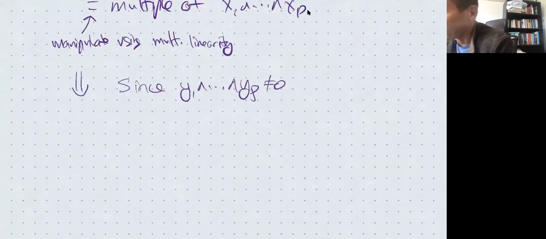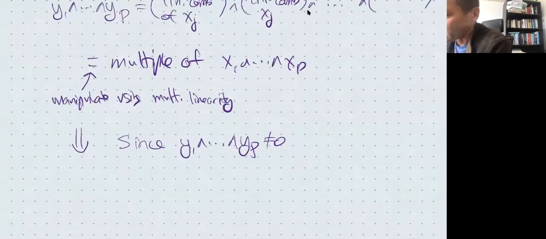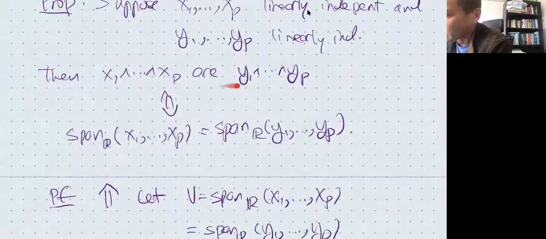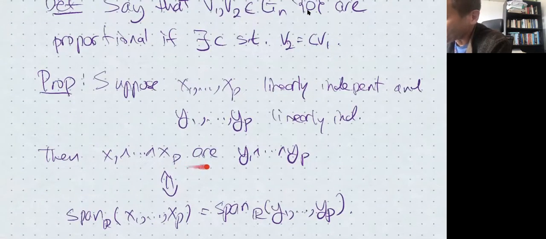So we know that the wedge of the yi's is non-zero. I meant to say that these are proportional.